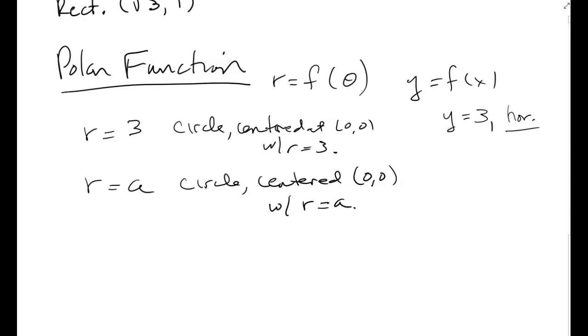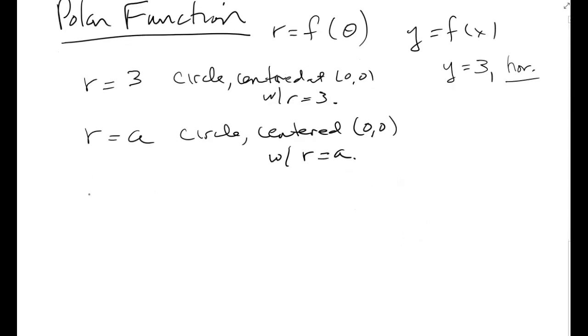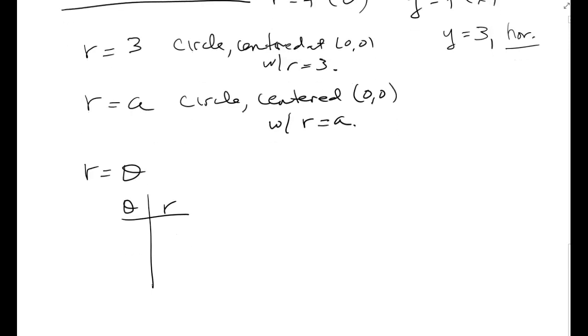So let's get a little bit different. Instead of r equals a, what happens if the radius equals theta? Well, we've got to do a little chart for that. Same way you do x-y charts, what you do are theta-r charts. So, I mean, you can pick theta 0.